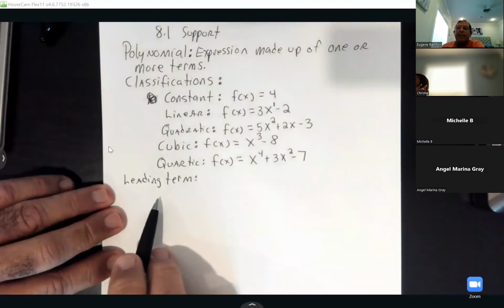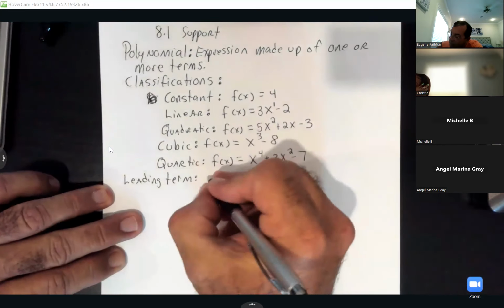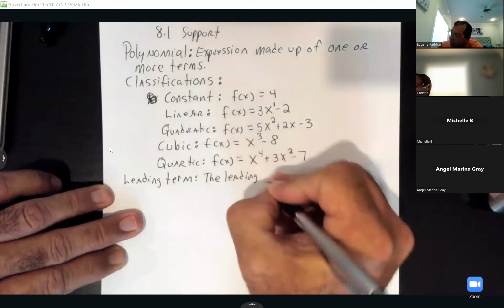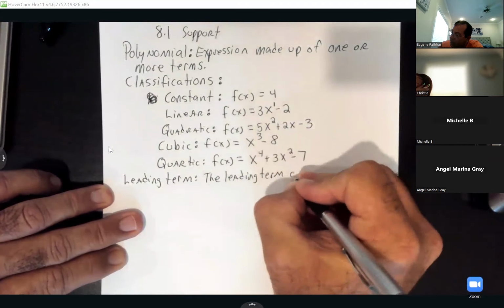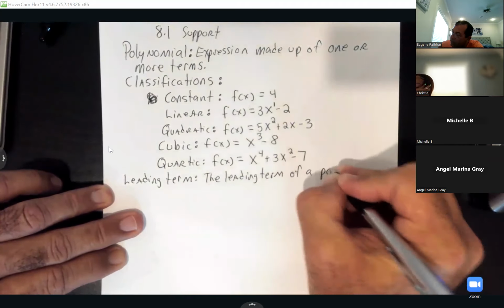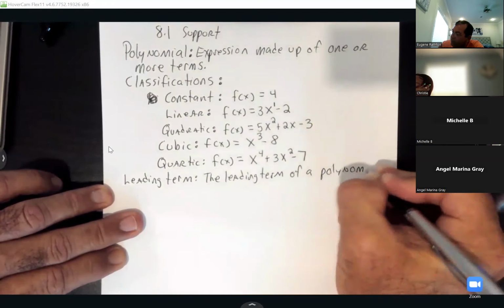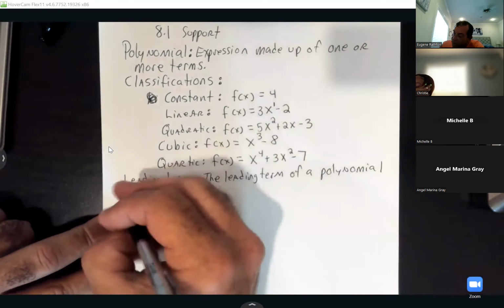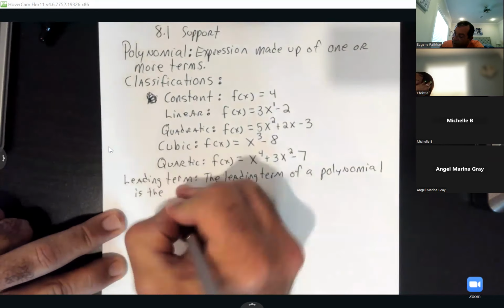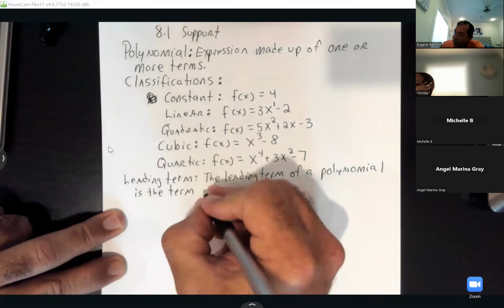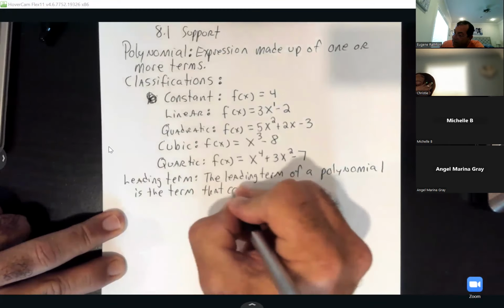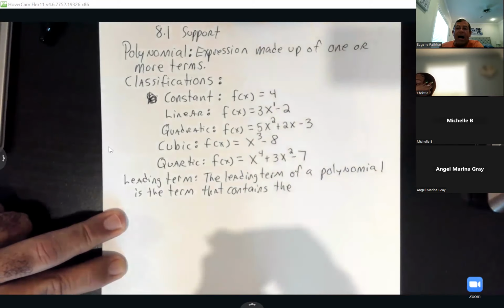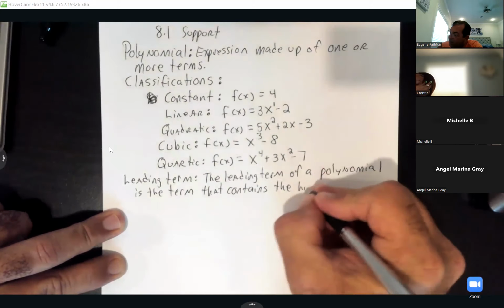First, we'll look at the leading term. The leading term of a polynomial is the term that contains the highest exponent.